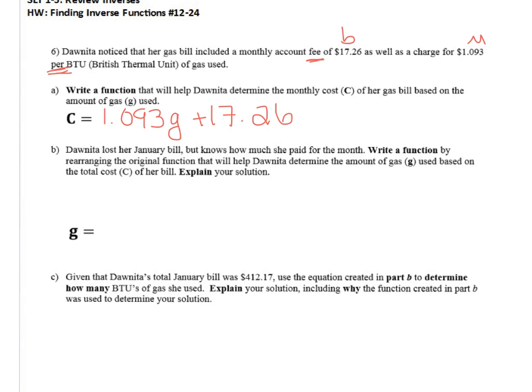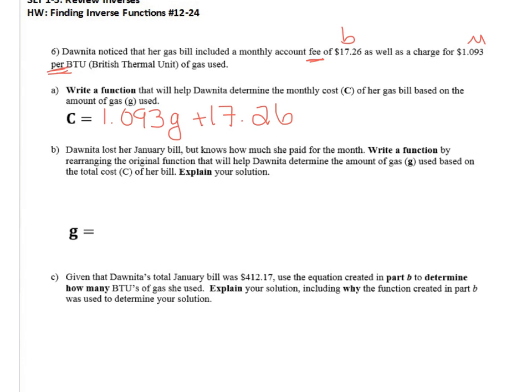She lost her bill but knows how much she paid. Write the function rearranging the original that will help her determine the gas if she had the cost. Okay, so really what that's saying is find the inverse.